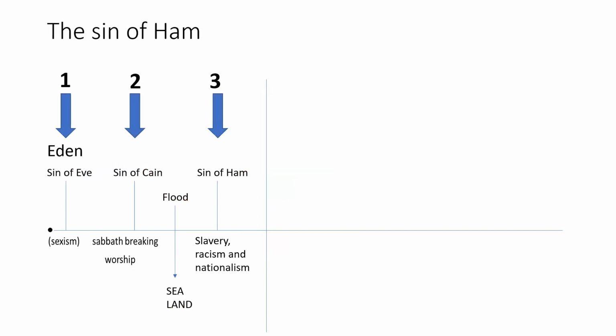The second one is the sin of Cain, the effects, Sabbath breaking, worship. Then between the sin of Cain and the sin of Ham, we see that there was a flood, the time of Noah. And soon after the flood, that's when we see the sin of Ham, which brought about the issues to do with slavery, racism, and nationalism.